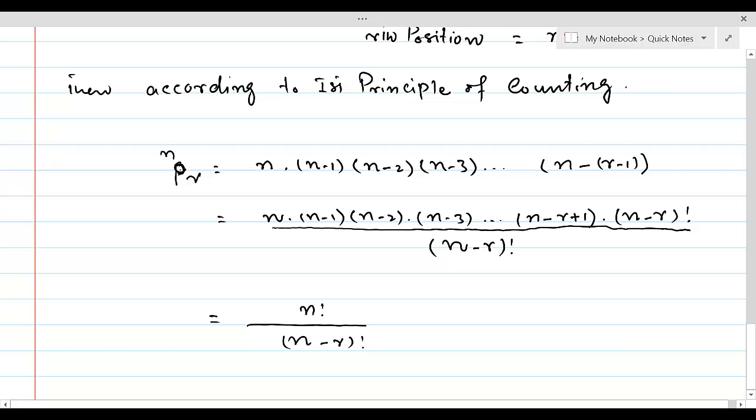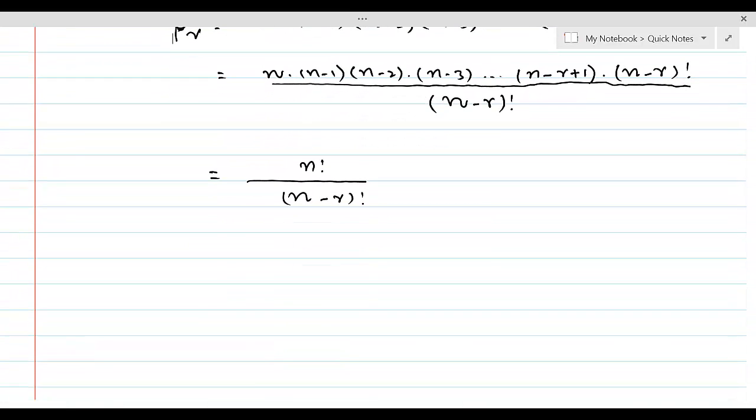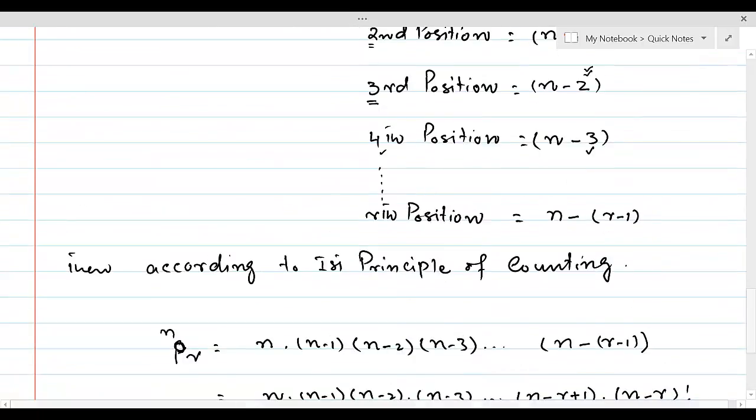P stands for permutation. So here now we can say that nPr, this is an established formula, nPr is equal to n factorial divided by n minus r factorial, and we'll use this formula to solve questions now.